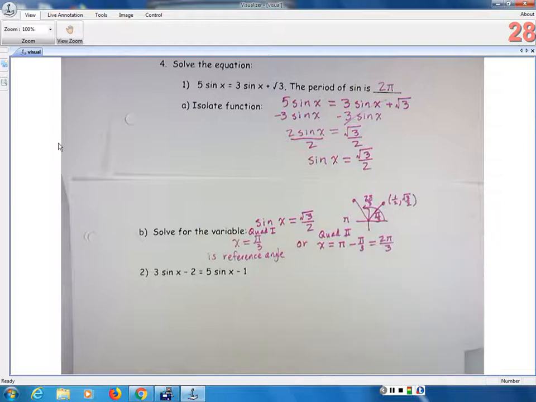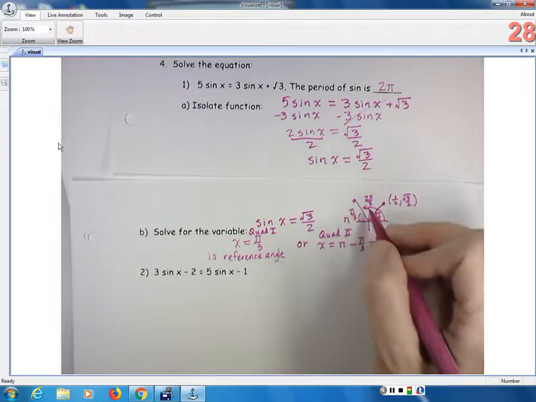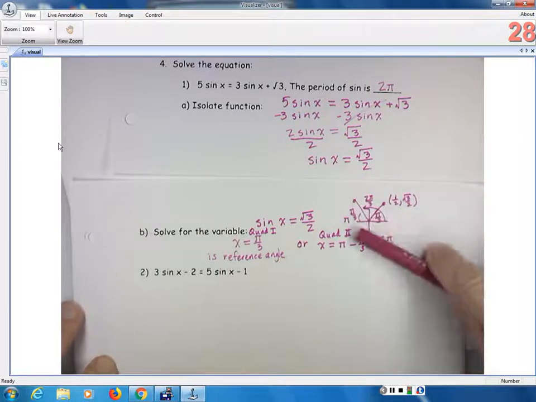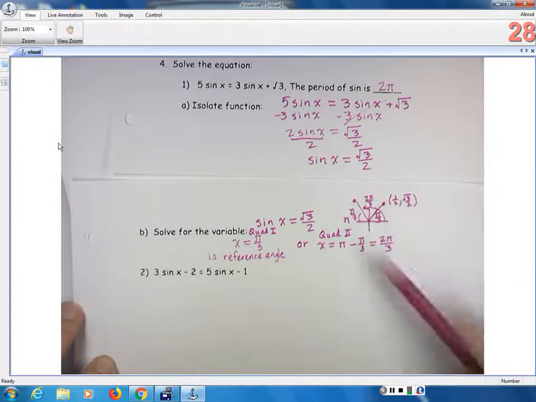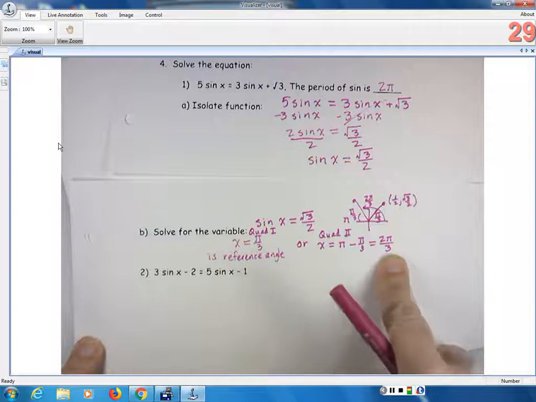You can get it from the unit circle there, or by using reference angles. The reference angle, this is pi over 3, is always the angle against the x-axis. And it's always positive, actually. The reference angle is going to be positive. But this is quadrant 2. You could just use your unit circle and find the second value.